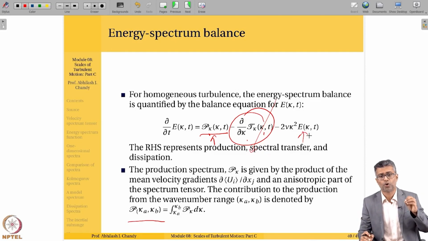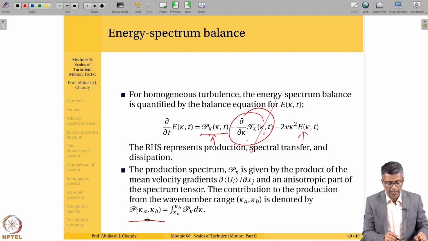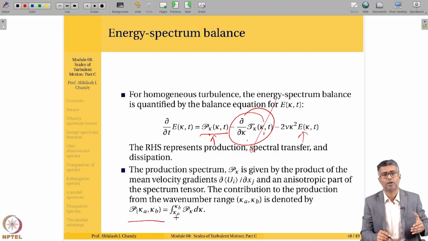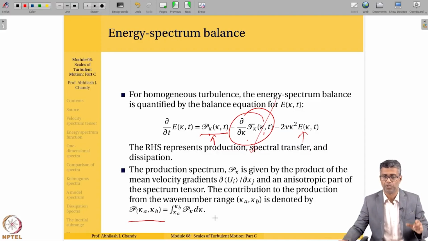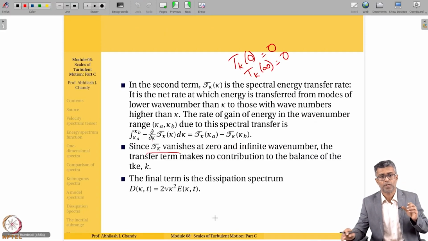So the contribution to the production from the wave number range is denoted by P of kappa A, kappa B, which is the integral from kappa A to kappa B of P of kappa dk. So you are integrating the production spectra over a range of kappa A to kappa B, and that is the contribution to the production in that wave number range. Isn't that clear?